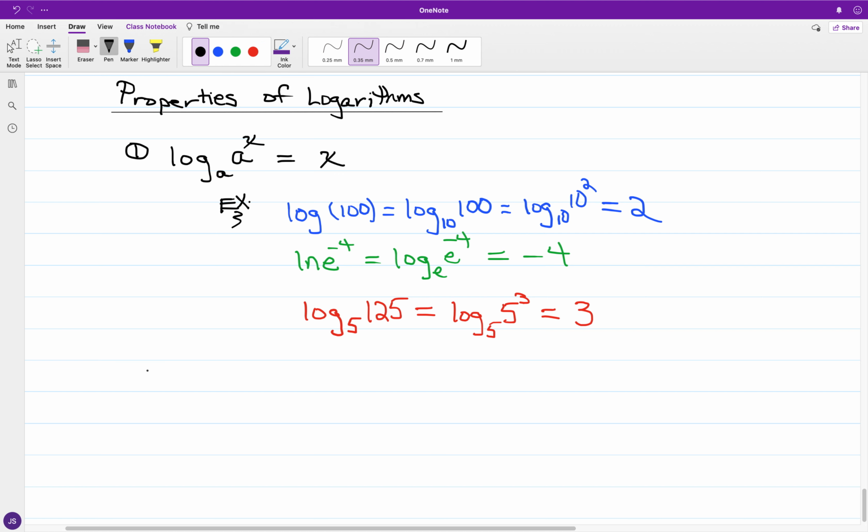And we have next something that is akin to it. It might be a while before you see this one again until we get to logarithmic equations. Now for a to the base a logarithm of x, we have another scenario where you have a match between the exponential base and the logarithmic base. This is also going to reduce to x.